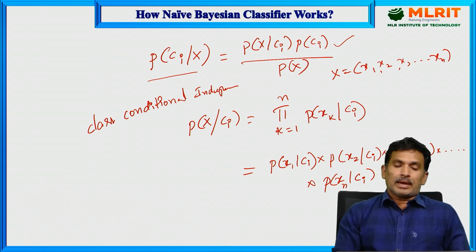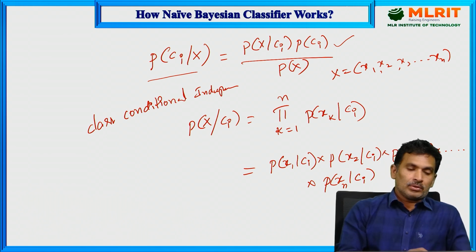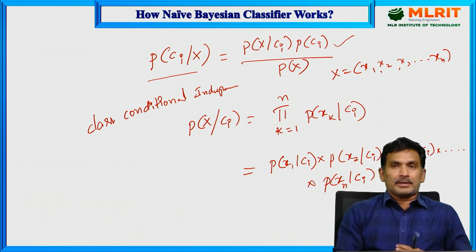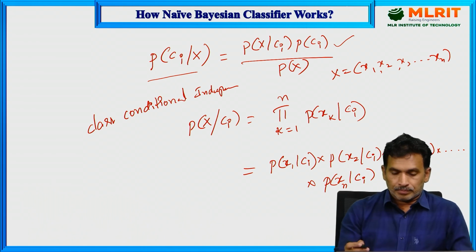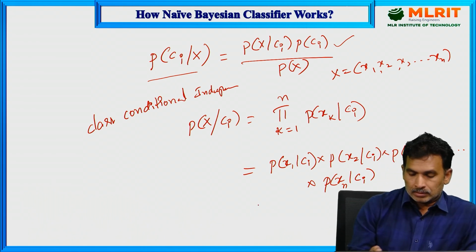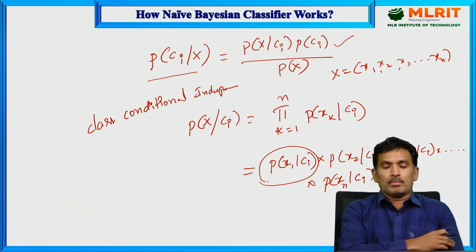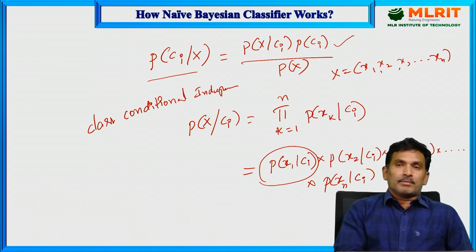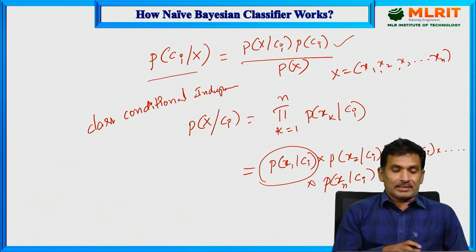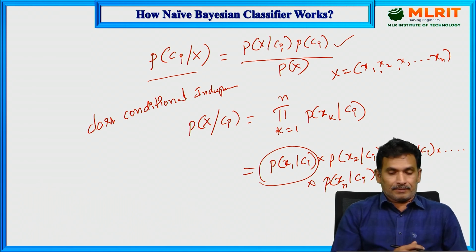Because the attributes are independent, there is no dependency among them. So the calculation of these conditional probabilities from the tuples in the data set D is very easy.